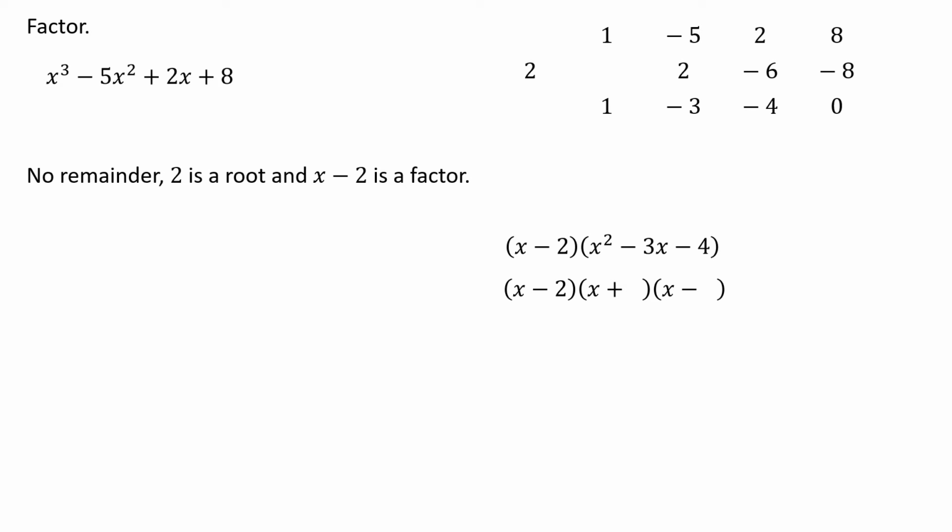The negative on the 3 says the larger number will have the negative. So I'm thinking, okay, well, I can do 2 times 2 or 1 times 4. Well, I need 1 times 4 because I have to come up with that 3. Or specifically, 1 times negative 4 makes a negative 4. 1 subtract 4 gets me negative 3. So that worked out.